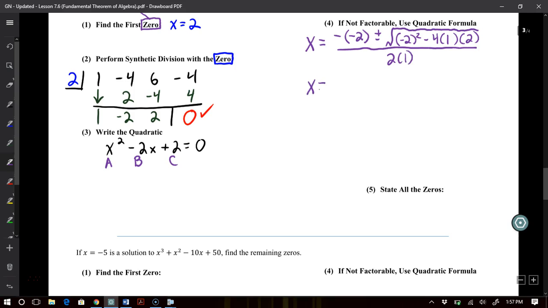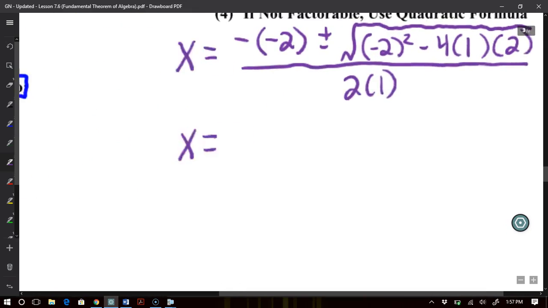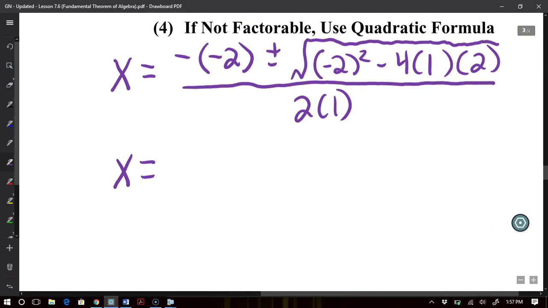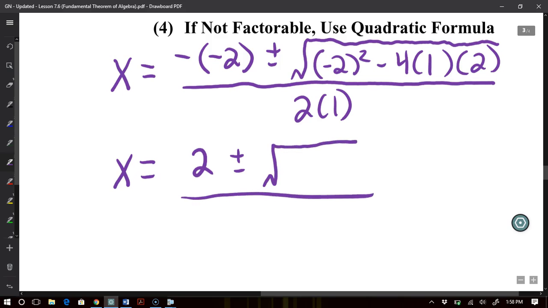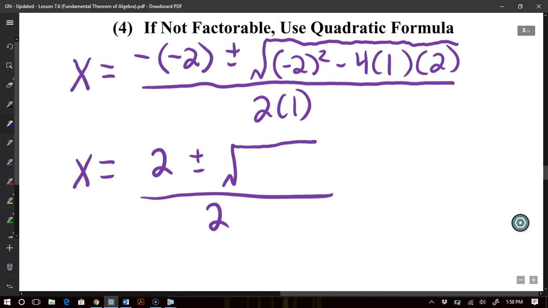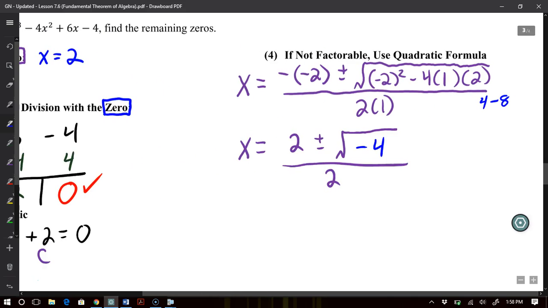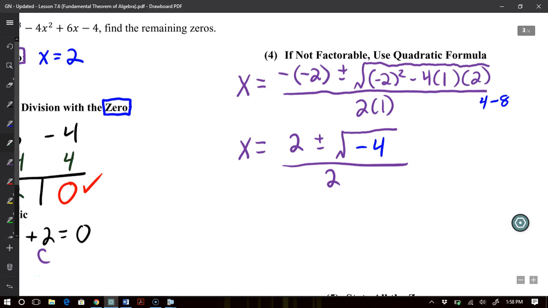Now we just do the math with the quadratic formula. Negative and negative is a positive, so 2 plus or minus the square root. On the bottom, 2 times 1 is 2. Inside the square root, -2 squared is 4. 4 times 1 times 2 is 8, so I have 4 minus 8, which gives me -4. That's not bad.